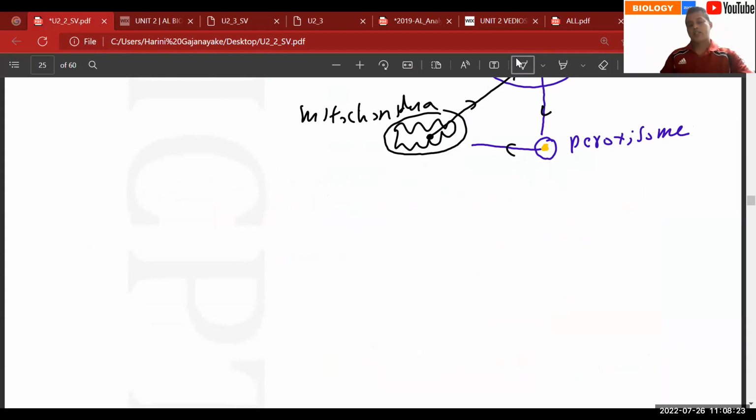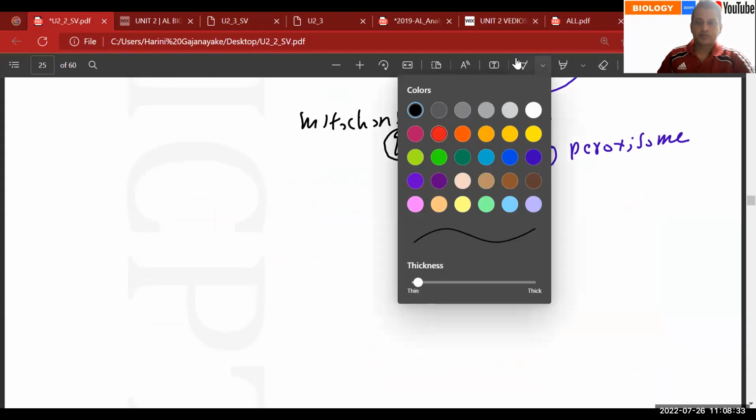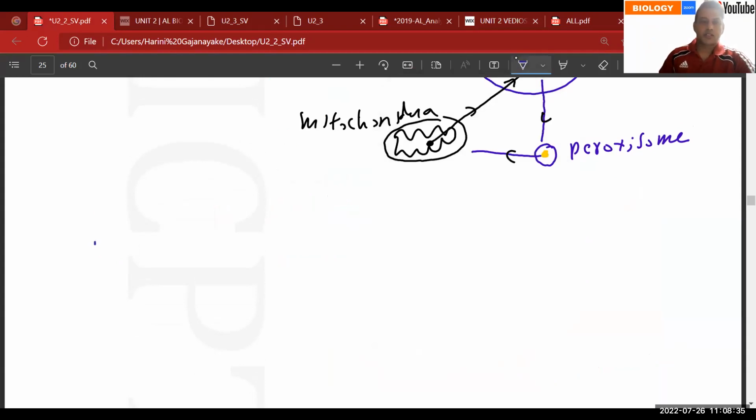Regarding prokaryotic and eukaryotic organisms, we're going to learn that somewhere around 3.5 billion years ago, the prokaryotic cells formed.